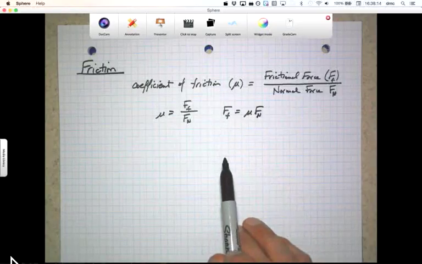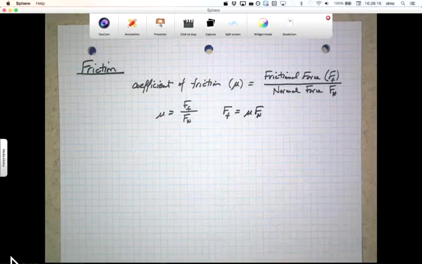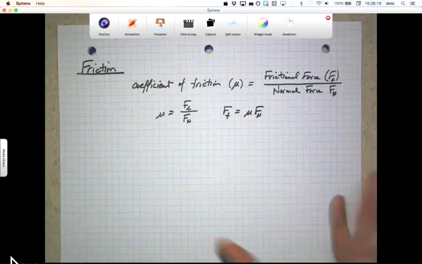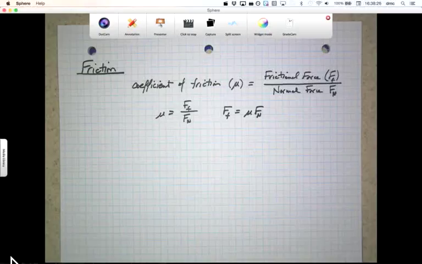Okay, so now, the coefficient of friction is a function of a couple of things. In most cases, it's the two surfaces that are in contact with one another. Friction is a contact force. If there's no contact, there can't be any friction. So different objects or different materials rubbing against one another result in different frictions.